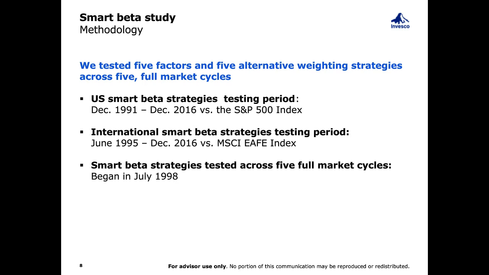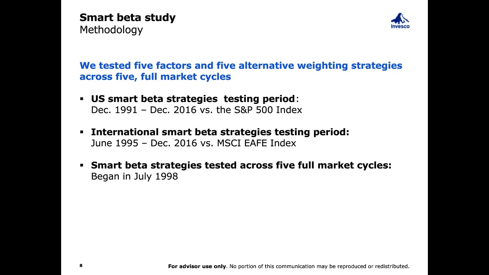For this study, we tested 5 factors and 5 alternative weighting strategies based on the earliest dates which we could obtain reliable data. Our testing period for U.S. smart beta strategy spans over 25 years, from 1991 to 2016 versus the S&P 500.